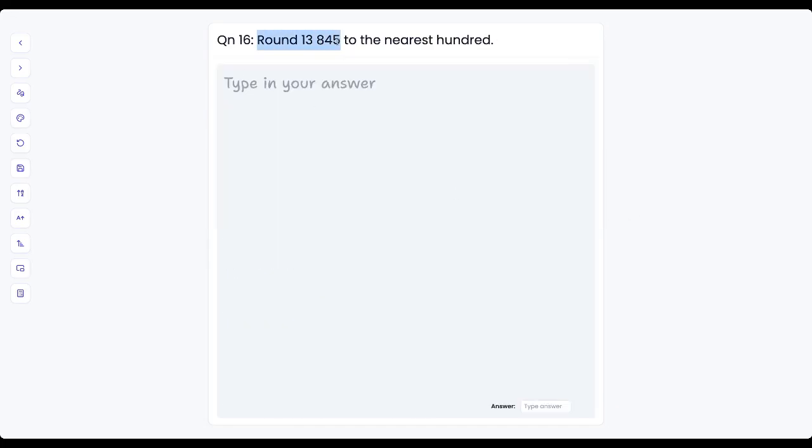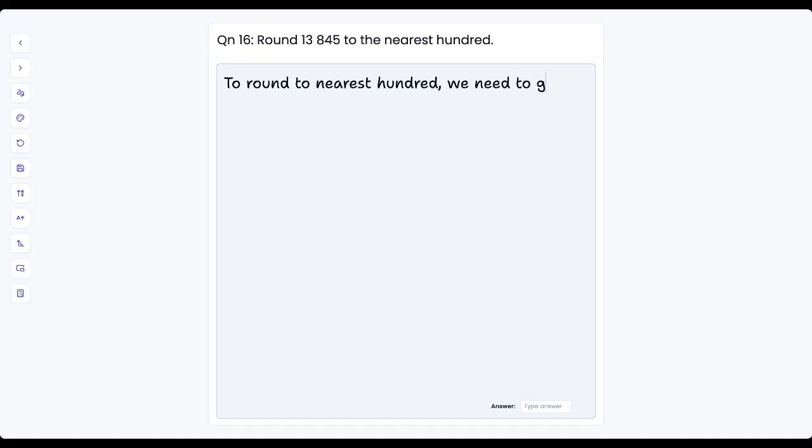Question number 16, round 13,845 to the nearest 100. So to round to nearest 100, we need to get the digit in the tens place. Okay, so tens place digit in this case is 4.